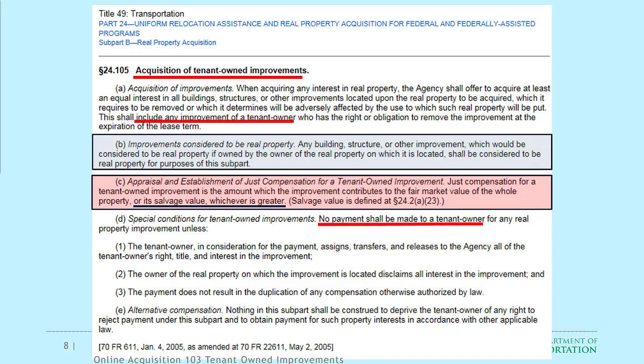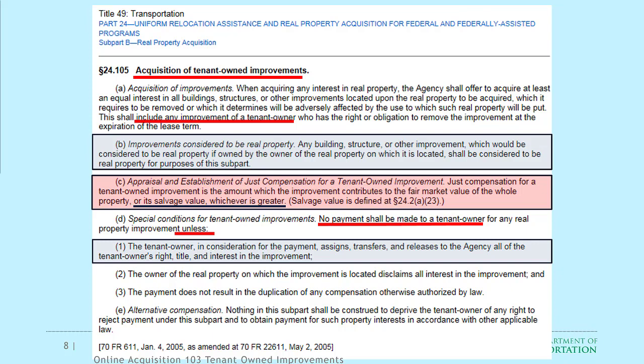We identify that under special conditions for a tenant, no payment shall be made to the tenant for any real property unless these conditions are met that you see here. The tenant owner is considered for payment, assigned, transfers, and releases to the agency all the tenant-owned rights, titles, and interests in the improvement.